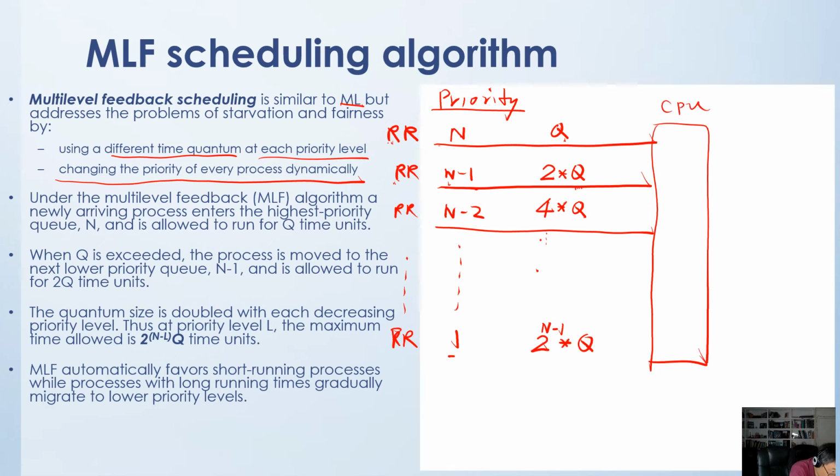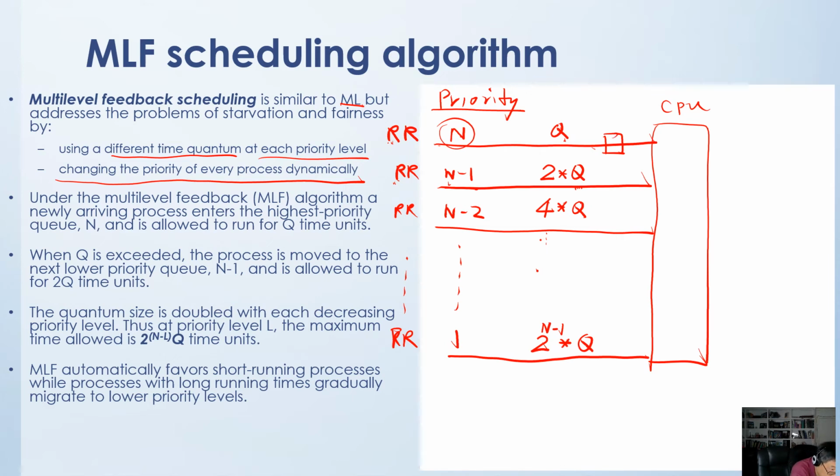Okay, the last one uses 2^(n-1) times Q. Each time a new process is created, it is placed in the highest level queue, the priority level n.